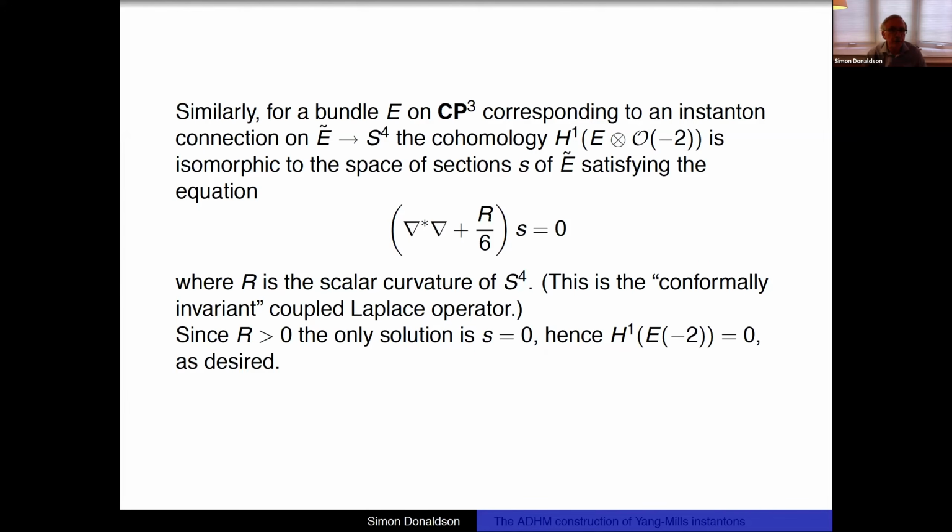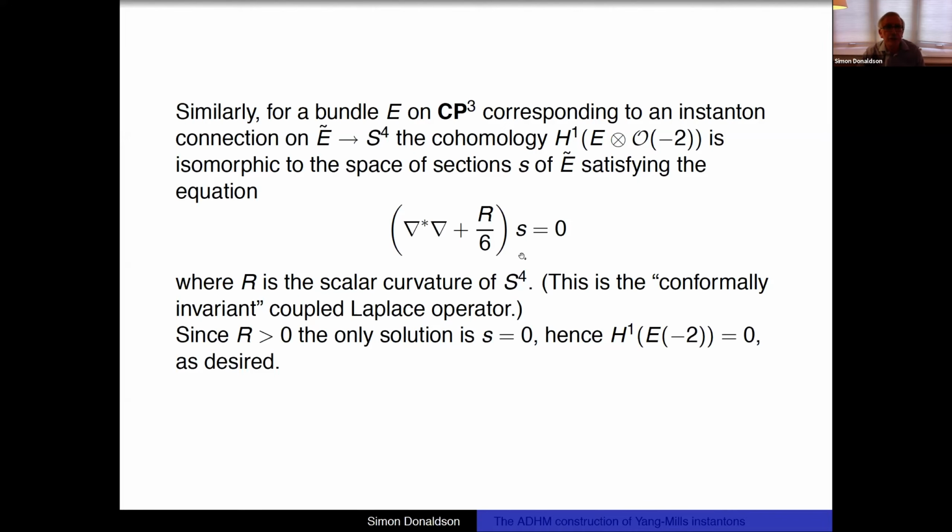But anyway, working globally, since the scalar curvature is positive, the first term, nabla star nabla, is a positive operator. The only solution to this equation is s equals 0. So we find that H1 of E(-2) is 0, as desired.